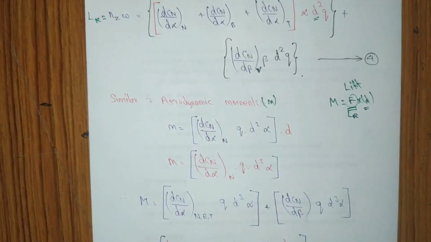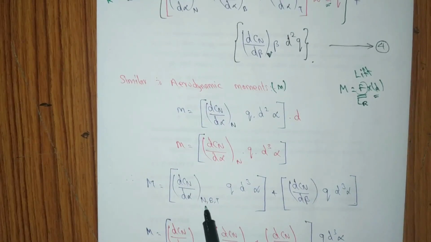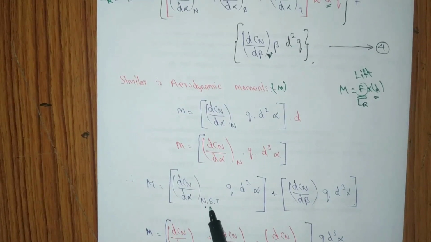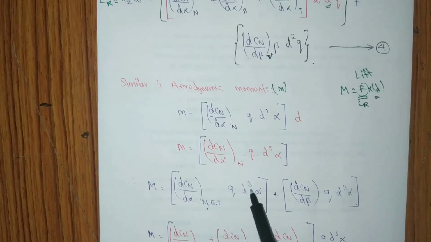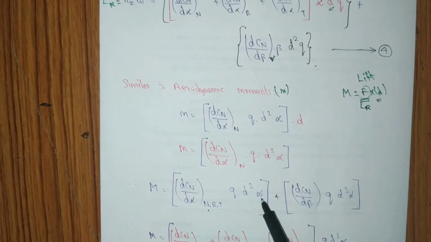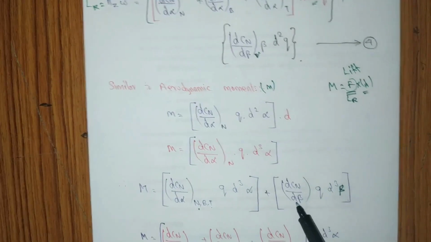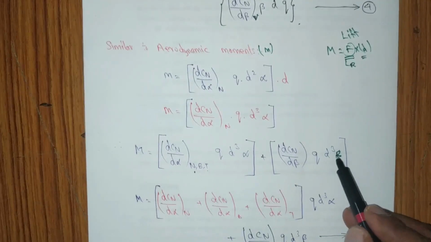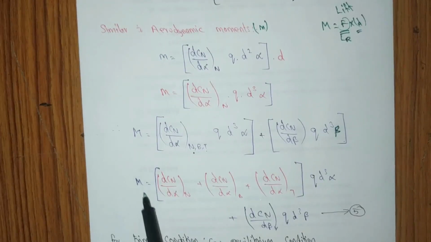So for the resultant lift we have the entire term dCn by d alpha, which we can write as nose, body and tail. We are simplifying this: q d square into d, so d cube will come for alpha. For beta you need to write dCn by d beta, q d square into d into beta. So d cube will come. You have to split for each term.